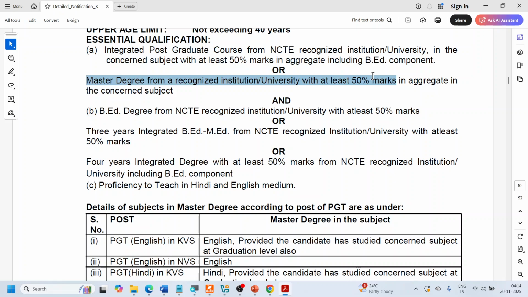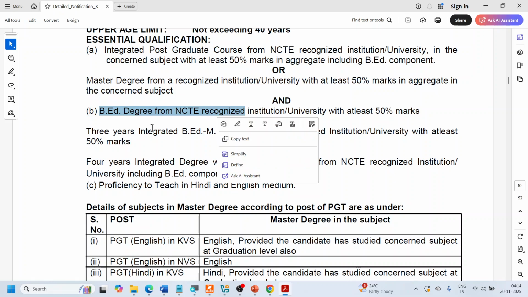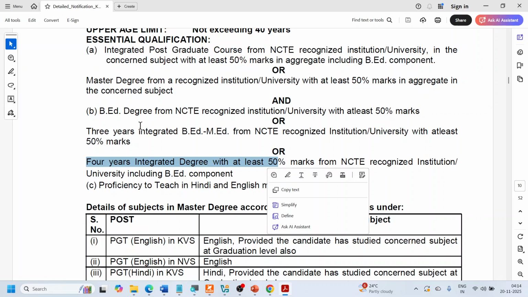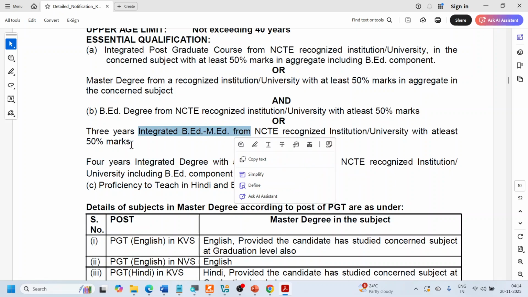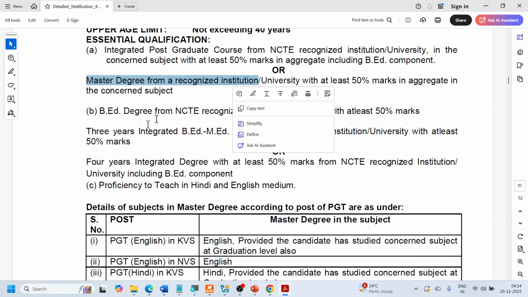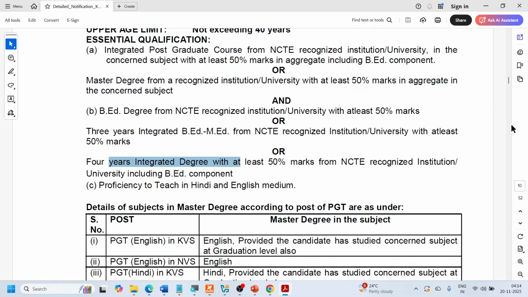You cannot apply if you are pursuing it. The second one is you must have a B.Ed degree. So two are there, or you can also have an MA degree. If you have an integrated MA degree, it is also valid. Or if you have a 4 years integrated degree, B.Ed M.Ed, if you have done it, it is all valid. So generally you have to have a master degree with these qualifications.